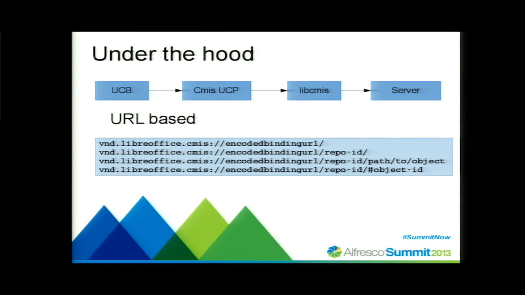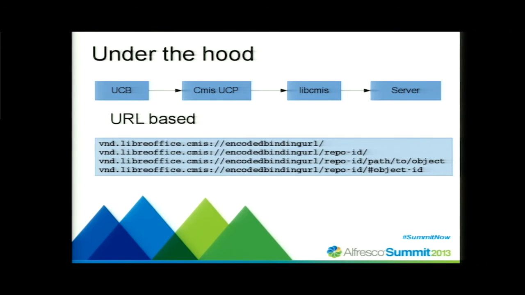The thing that interests me here is the URL-based approach, because we can't do anything without these URLs. It's true for LibreOffice file pickers, but it's true also for GNOME VFS, and I'm sure it's true for KIO slaves and Internet Explorer and all of these. So what I did is use a somewhat weird scheme, just because it's not standardized yet.